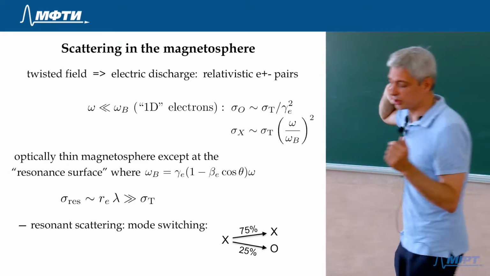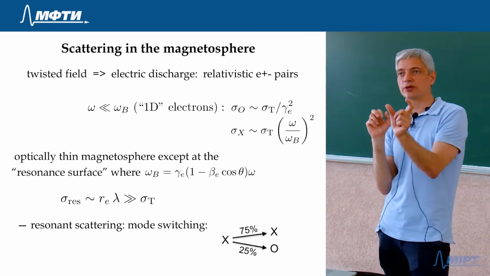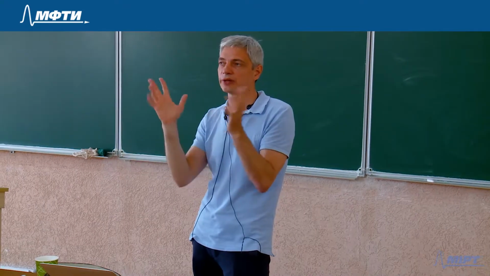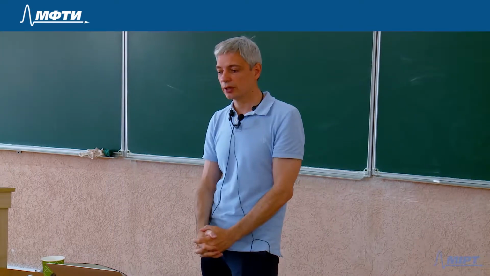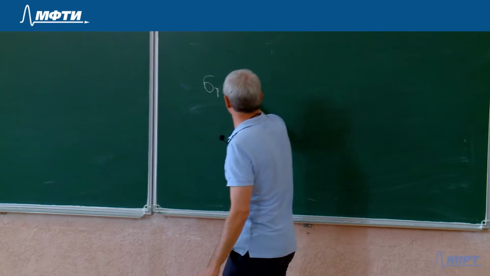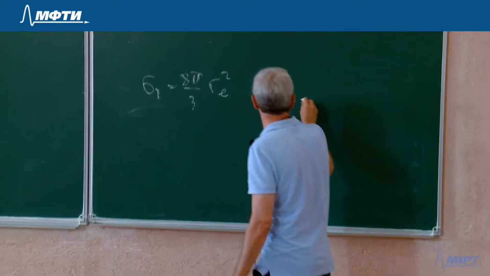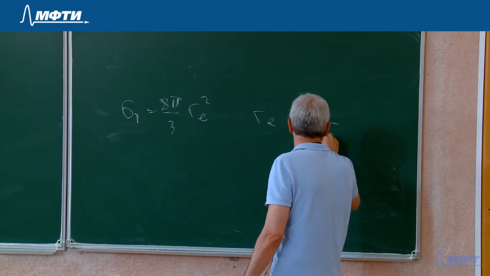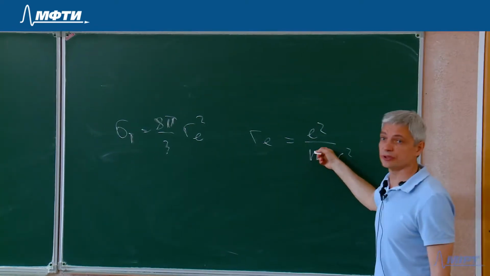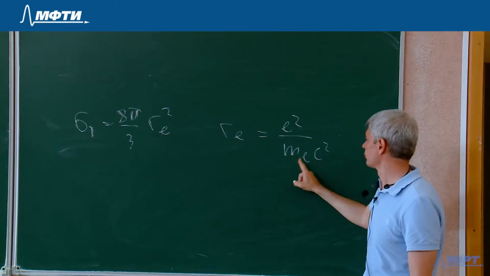Remember, the Thomson cross-section is roughly the classical electron radius squared times 8 pi over 3. That's the Thomson cross-section, 10 to the minus 24 centimeters squared. So that's the classical electron radius, something like 10 to the minus 13 centimeters, the characteristic scale that you can make from electric charge, electron mass, and speed of light.